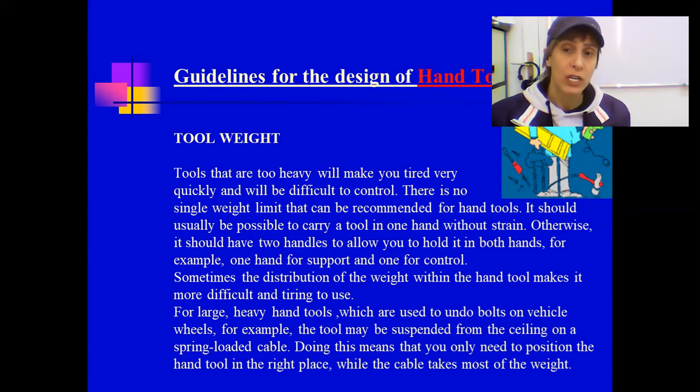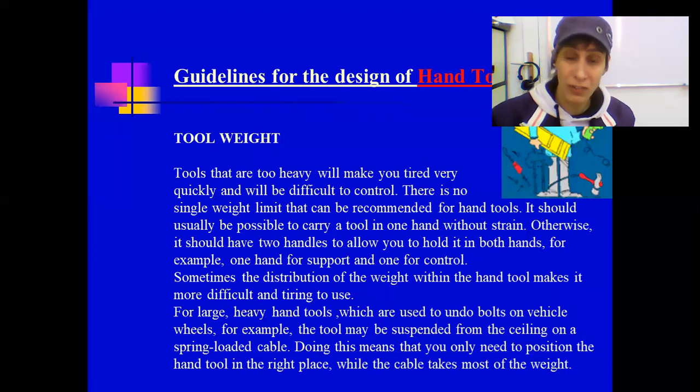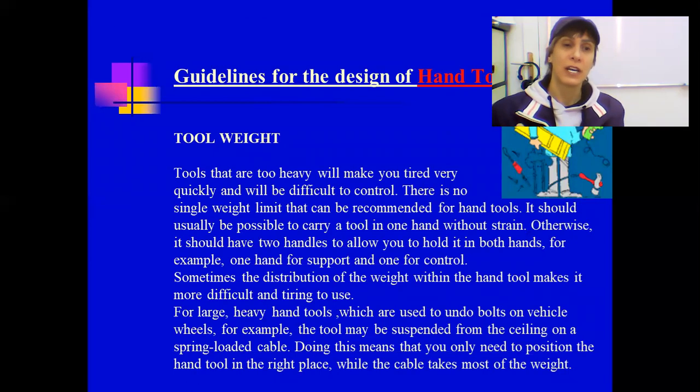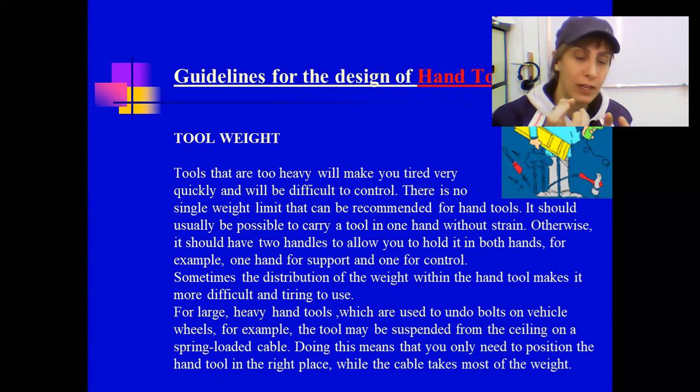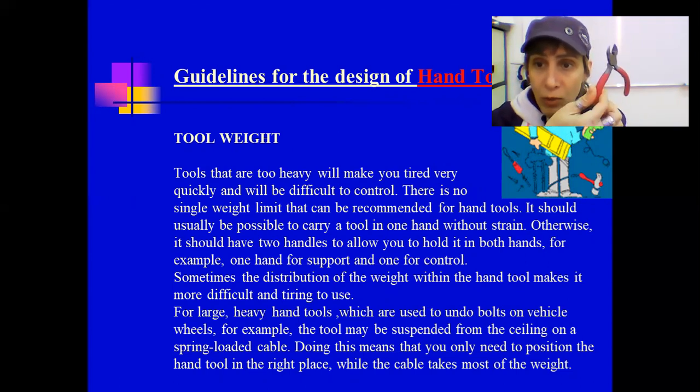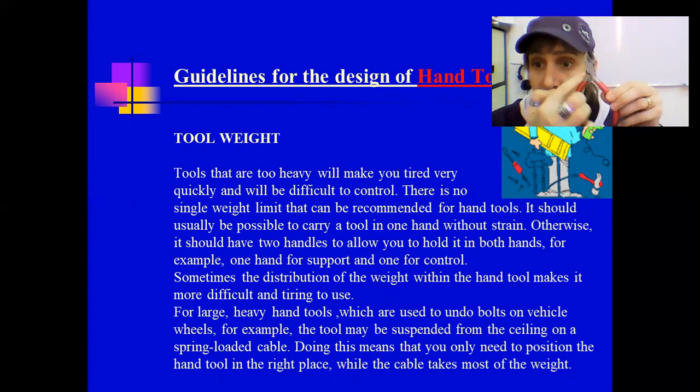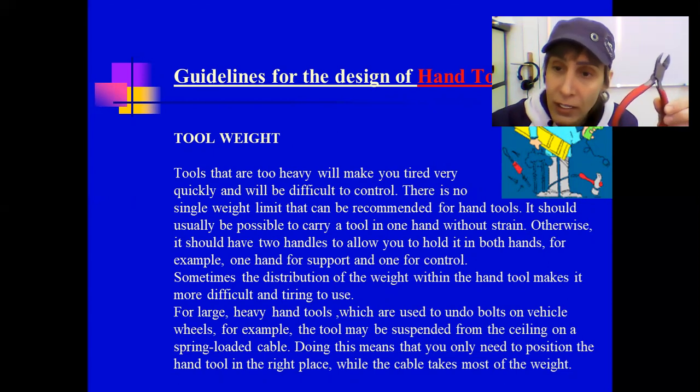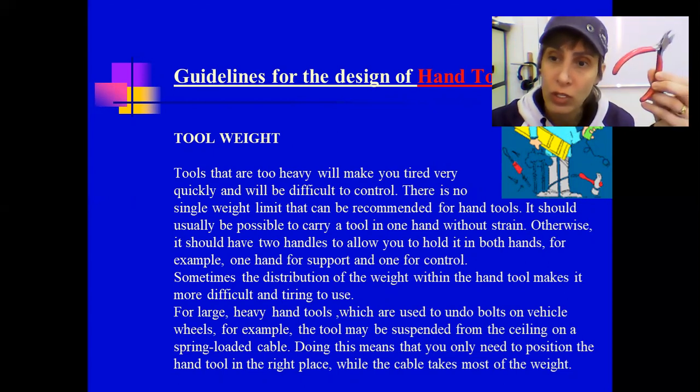Sometimes you have to use, as I said, a very heavy type of metal. You cannot use plastic, okay? Because you will lose the strength of the tool. Even with small tools, look at this small tool. Can you make this part out of plastic? No, you cannot, okay?